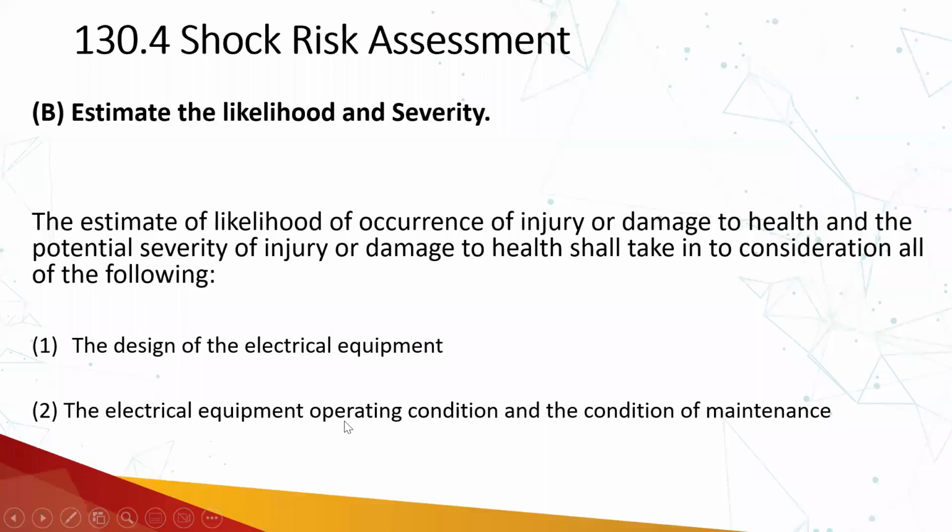If the normal condition is not good and it has deteriorated over a period of time, then the chances of electric shock are higher in that electrical equipment. And if it is not maintained over a period of time, for example, if its earthing has not been verified, we will not consider that electrical equipment to be safe.